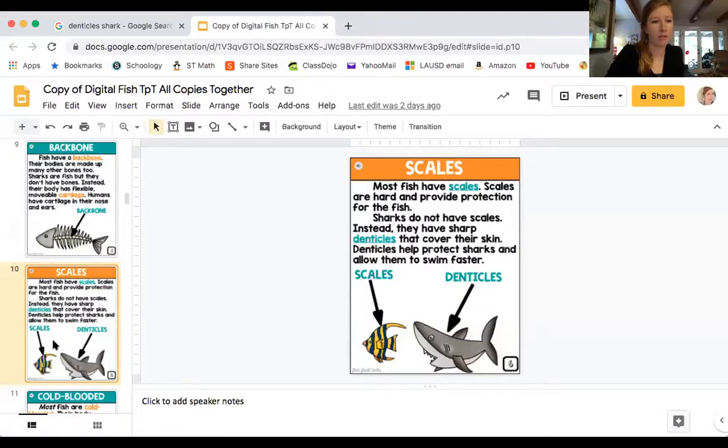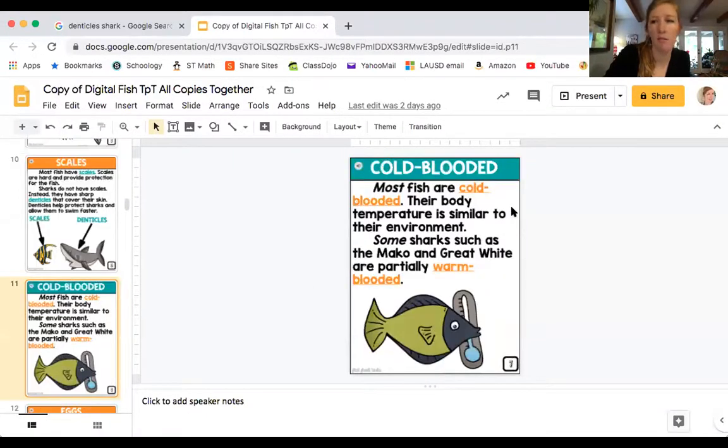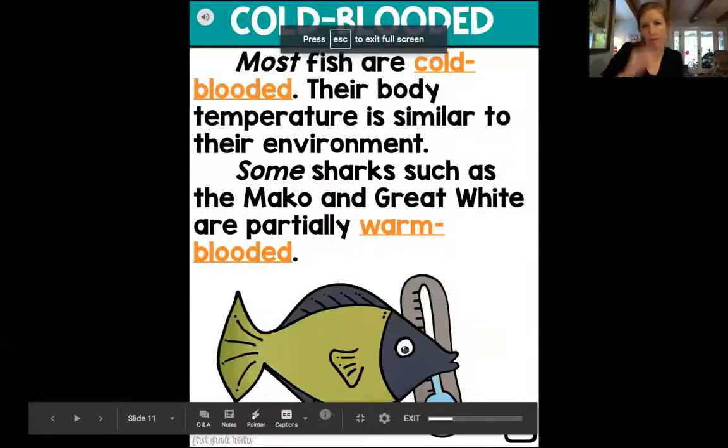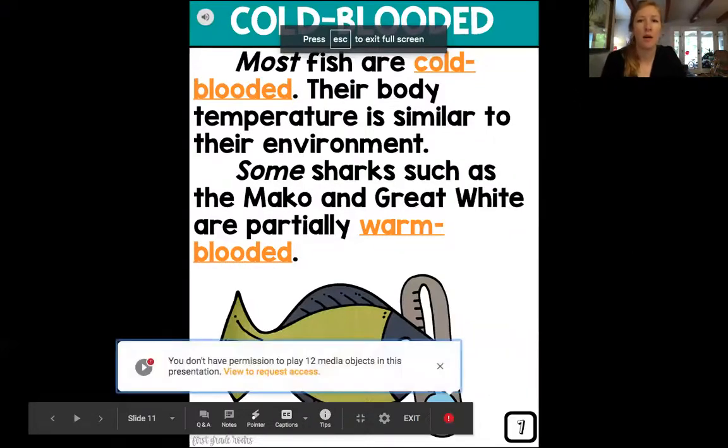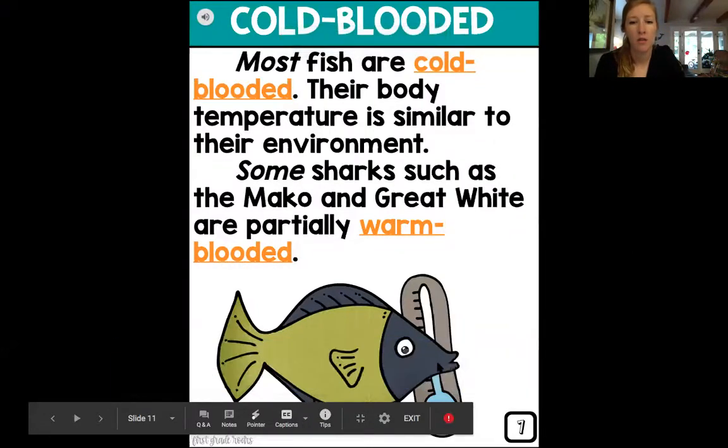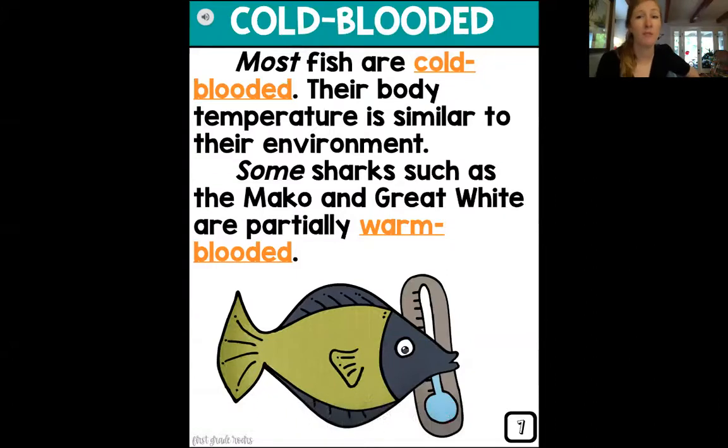Okay, so let's get back to our reading. Let's see, we just read about the scales. So now we are on cold-blooded. Yeah, most fish are cold-blooded. Their body temperature is similar to their environment.